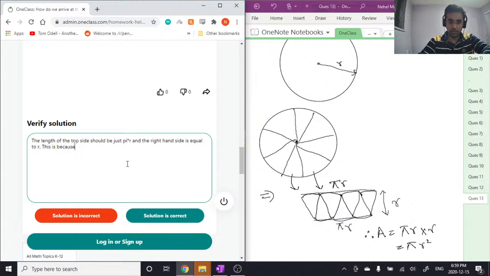This is because the circumference is split in 2 halves when dividing into segments.